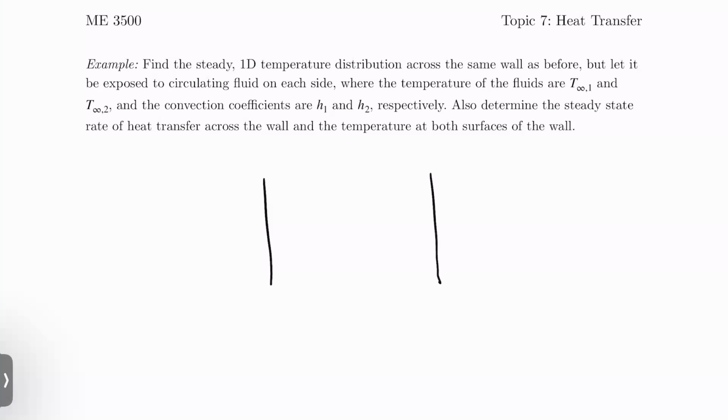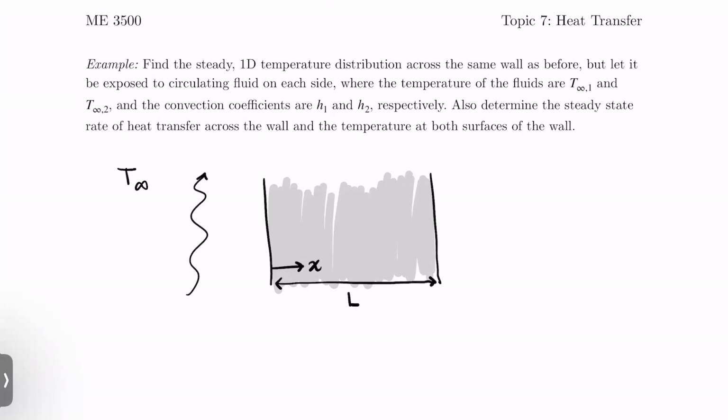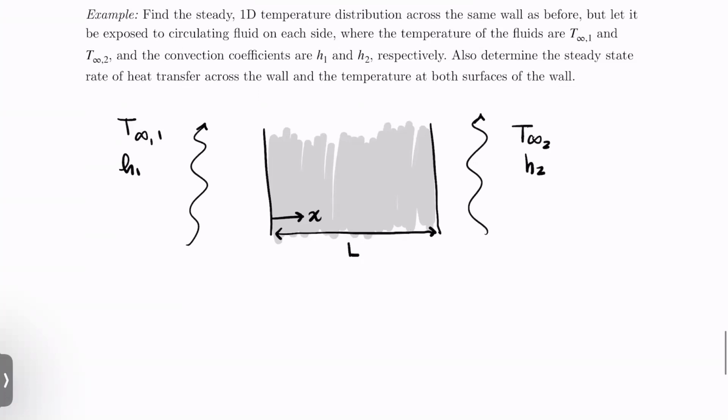So we have our wall. I'm going to keep my coordinate system here, and then we know that this is L. And this is our wall, so I'll shade it in. All right, and then on both sides we have convection. So this is T infinity 1 and then h1. And then we also have convection on the other side. So we have T infinity 2, h2. We're still assuming steady and we're still assuming 1D.